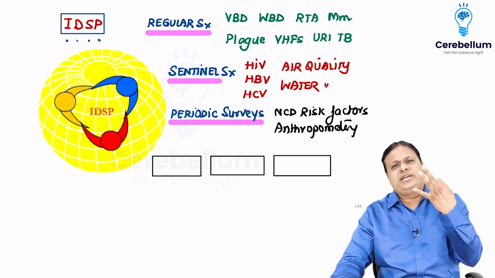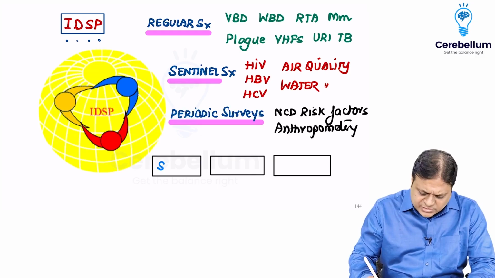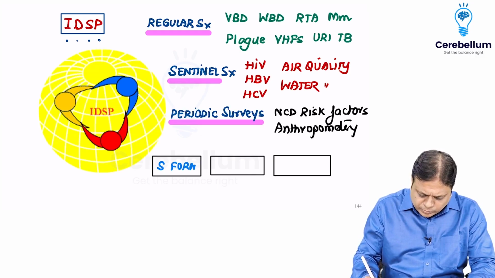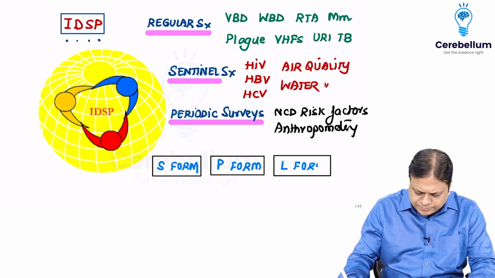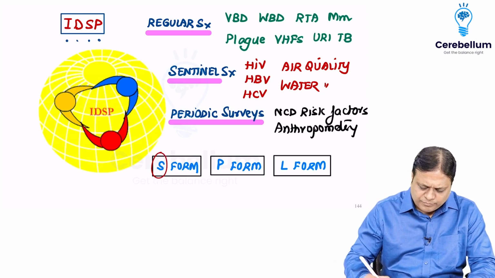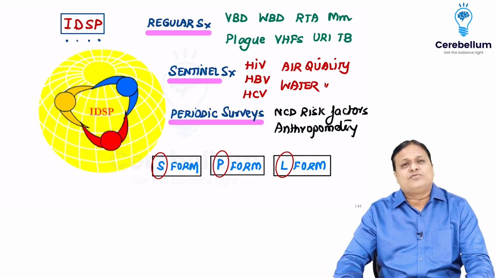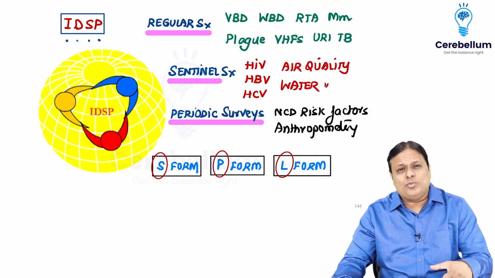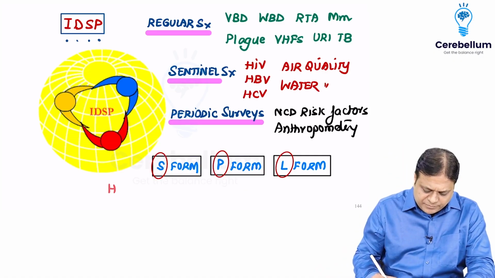IDSP has got 3 types of forms. SPL, a special mnemonic we can remember. S form, P form, and L form. Now, what are these S, P and L forms and who are they filled by? When we look at S form, this is syndromic diagnosis based on symptoms. This is filled up by health workers in the field.